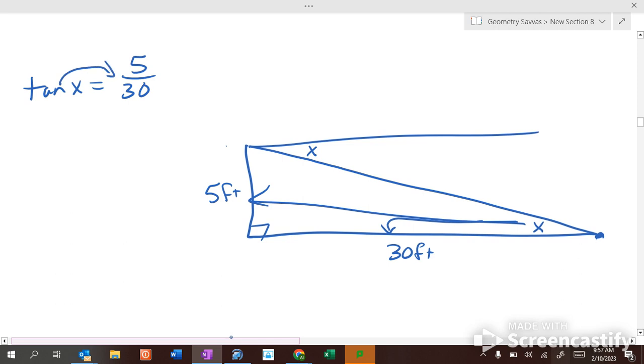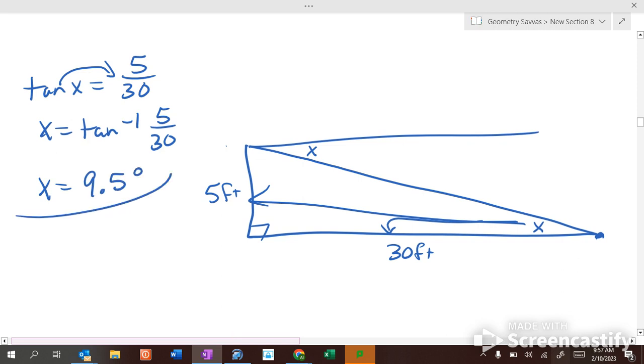To get x alone, we move the x to the other side so it becomes the inverse tangent of 5 over 30. The inverse tangent of 5 over 30 is what? How many degrees? Like 9.6 or something like that? 9.46. So it's 9.5 degrees to the nearest tenth. Okay?